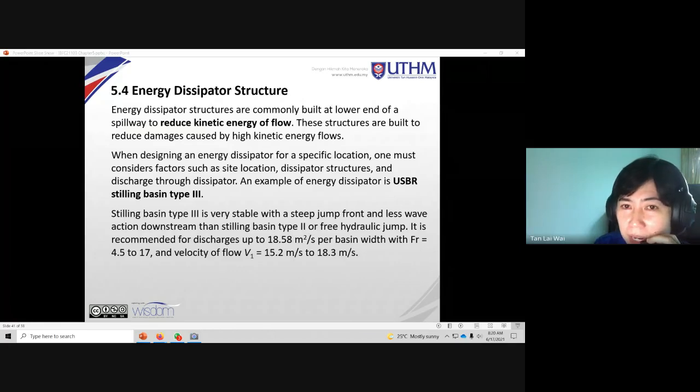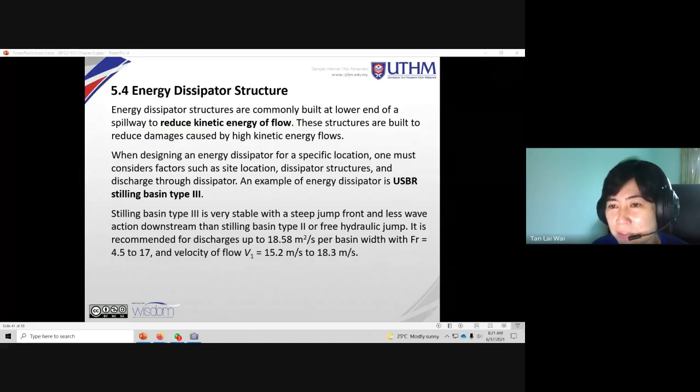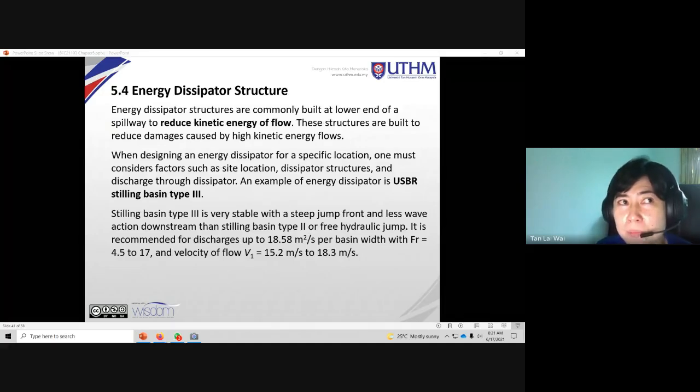Now, today we'll be focusing on energy dissipation structures. These are commonly built at the toe of a spillway to reduce the kinetic energy of the flow. When flow comes out from the spillway gate, it flows very fast, it could be as fast as the speed of our car on highways, or even more.